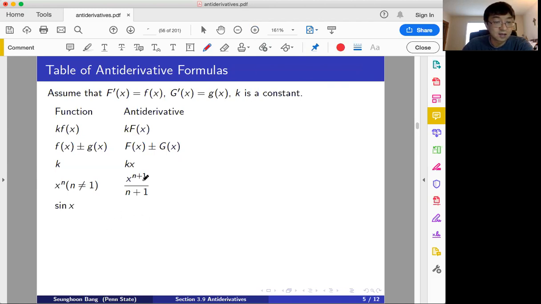So what is the antiderivative of sine of x? Which function prime is sine of x? So what is the answer? What do you think?